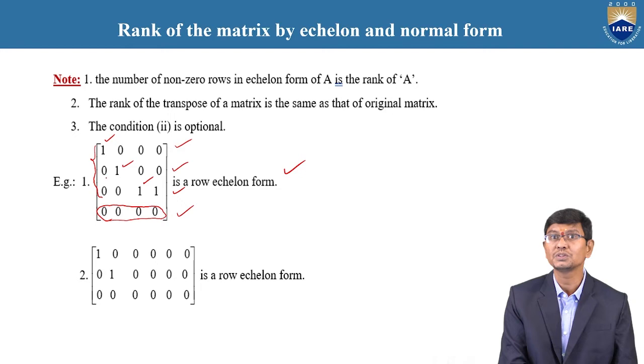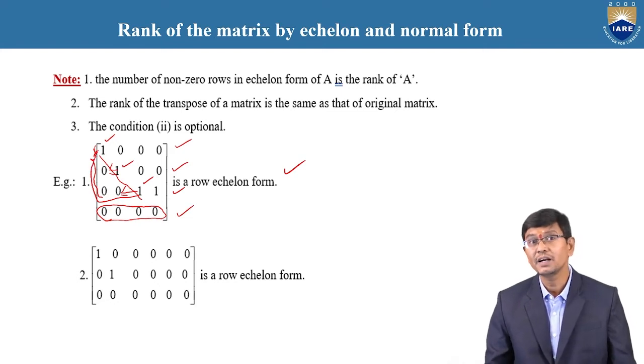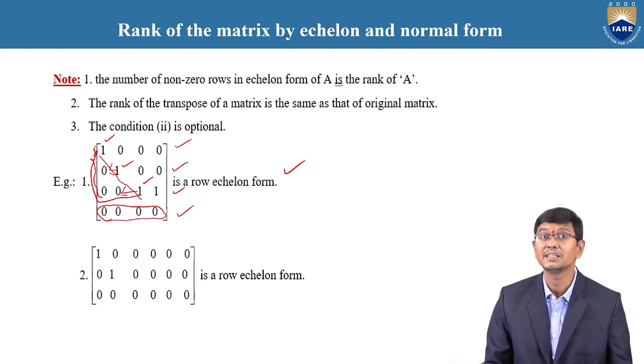Going from bottom to top, before the first non-zero element there are 2 zeros in one row, 1 zero in another, and no zero in the last. Therefore, before the non-zero element the count of zeros is in decreasing order, which is clearly satisfied. That is nothing but an upper triangular matrix, which is also satisfied.